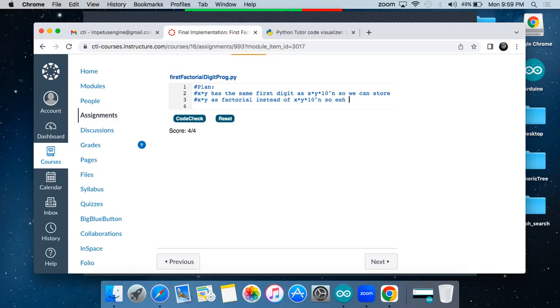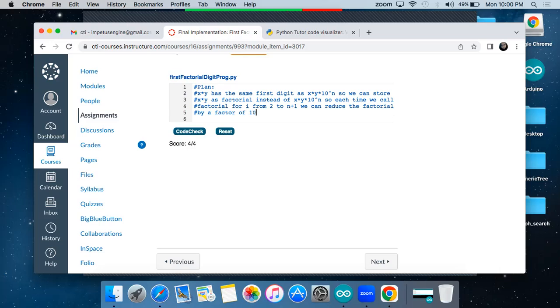So each time we call x times factorial for i from 2 to n plus 1, we can reduce the factorial by a factor of 10.